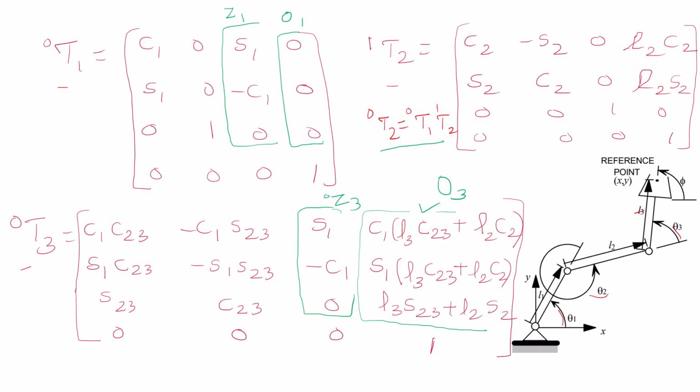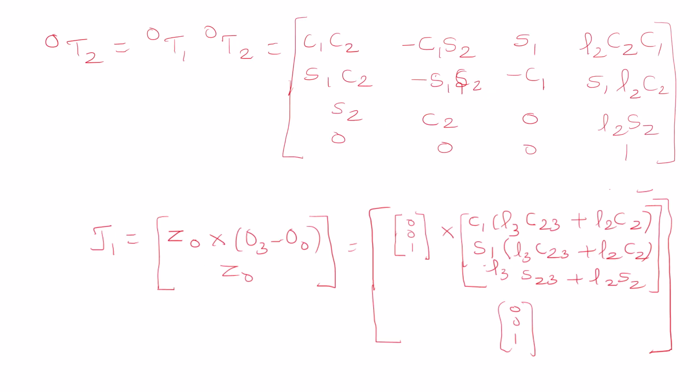Similarly, from the transformation matrix T2 to 0, you need to get the Z2 and O2 values. Here I have just multiplied and got T2 to 0. In that, this is your Z2 and this is your O2.